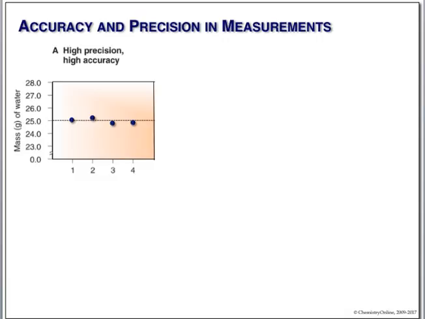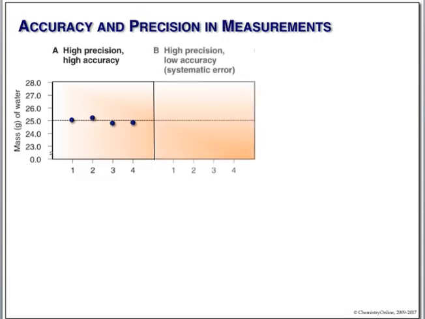So this is both accurate and precise. These are 4 measurements that are highly precise, but they're nowhere near where they're supposed to be. So this is highly precise, but low accuracy.